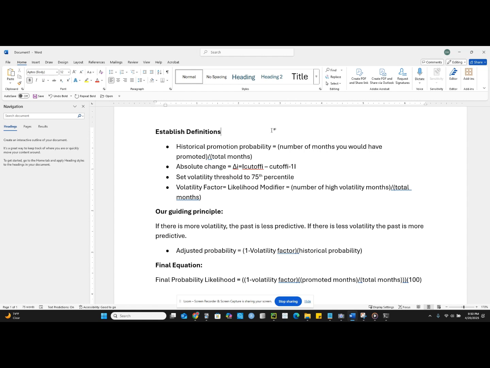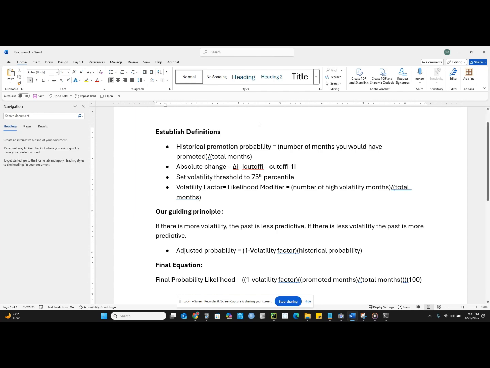If there are 3 months out of 10 months that violate that 75th percentile, then your odds are going to be punished by 30%. And there's nothing you can do about that. That's somewhat intentional, because I would like you to be not pessimistic, but grounded in your expectations of promotion. I don't want you to think that you are going to be promoted when you're not, and obviously not to take anything on this site as gospel.